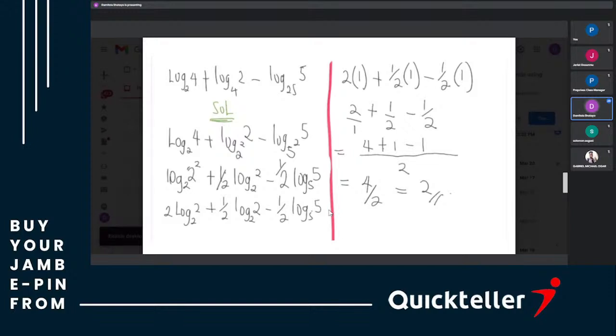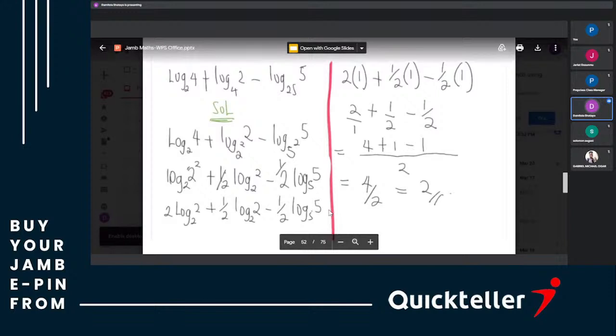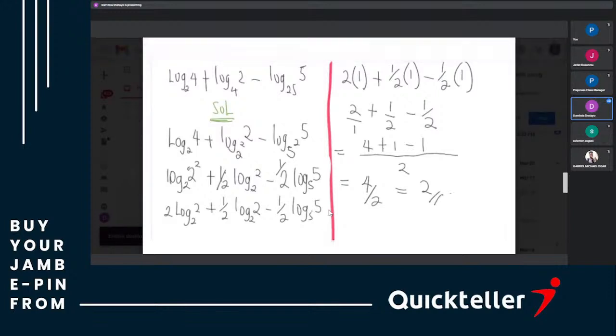What about if the power is under like this? These 2 under will go to the front, yes, but it will become inverse. It will become 1 over 2. That means the first one will become log 2, and the 4 will change into 2 raised to power 2. Now, these things are solved separately. I am actually solving them differently.